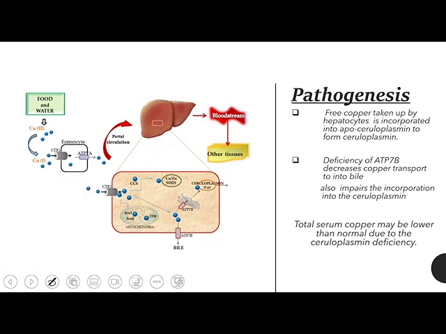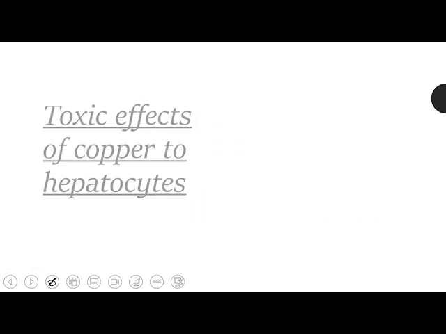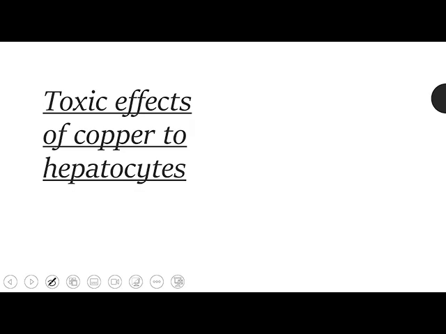Next we see the toxic effect of the copper to the hepatocyte. We know that the free copper which enters the hepatocyte needs to be excreted either through the bile, or it should be incorporated into the ceruloplasmin for its various activities. But both these pathways are impaired due to the mutation in the ATP7B gene.